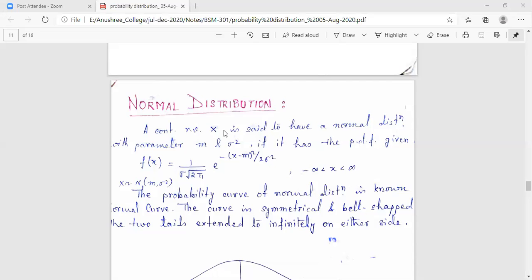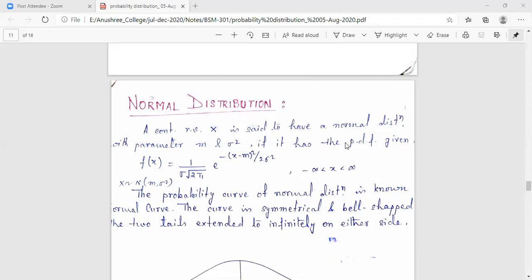First, a continuous random variable capital X is said to have a normal distribution with parameters small m and sigma square if it has the probability density function. As we are dealing with a continuous random variable, here we have the PDF, the probability density function.